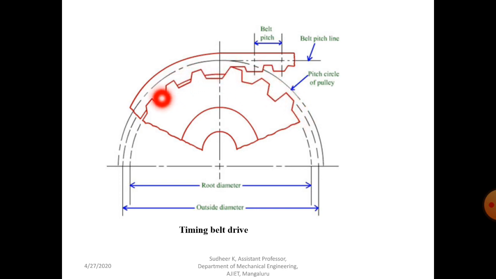It's like a gear only. And this is the belt. The belt has the interior tooth profile, so that they will mate with each other. So in this way we can transmit the power effectively from one shaft to another shaft. So that is the timing belt drive.